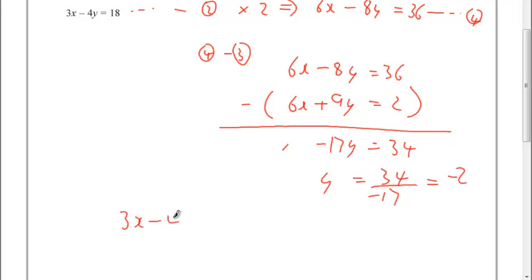3x minus 4 times the y, which is minus 2, equals 18. Minus 4 times a minus 2 will be plus 8.